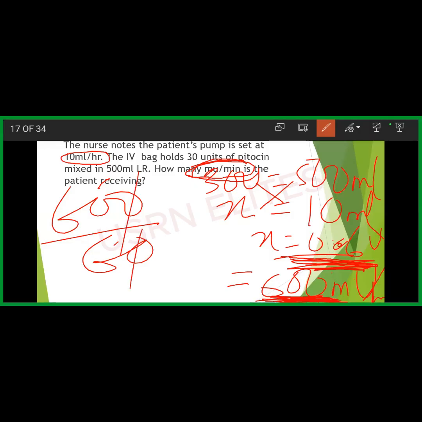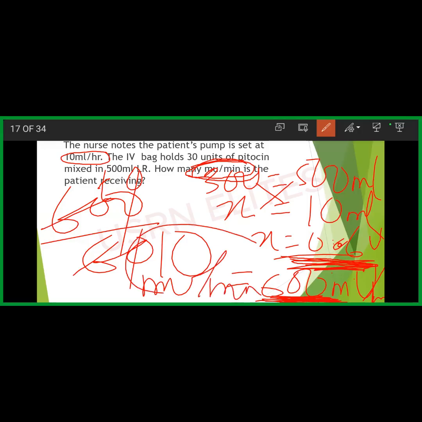Now we are in hours and want to come to minutes, so we divide by 60. 600 divided by 60: 6 goes into 60 ten times. Then you get 10. That is how you arrive at 10 milliunits per minute. So this is the final answer.